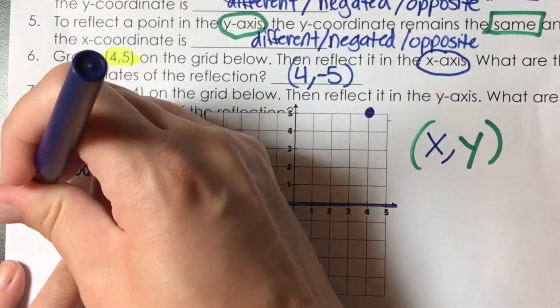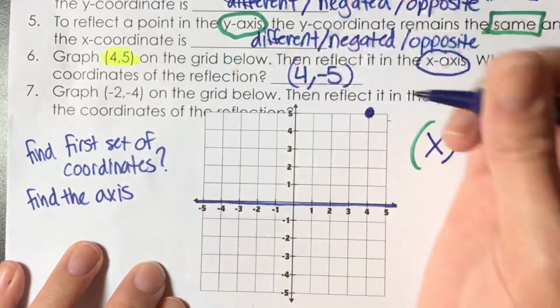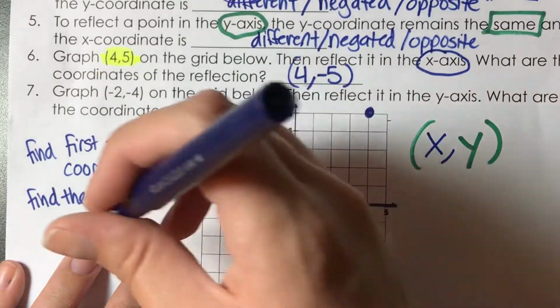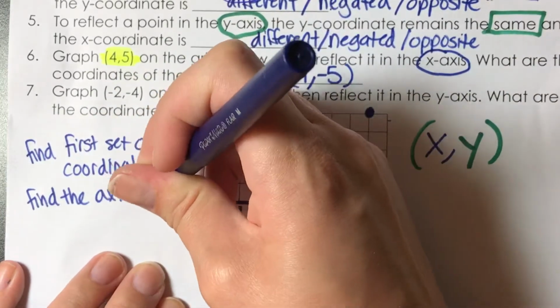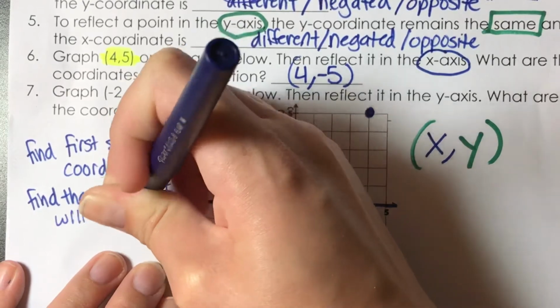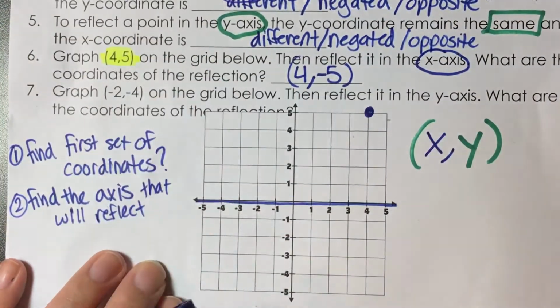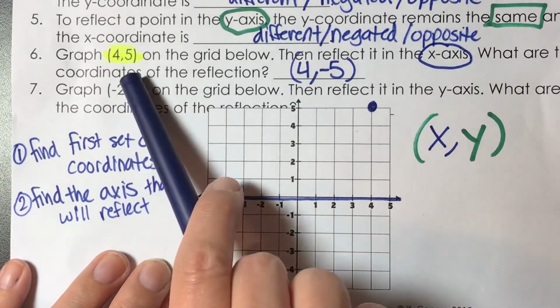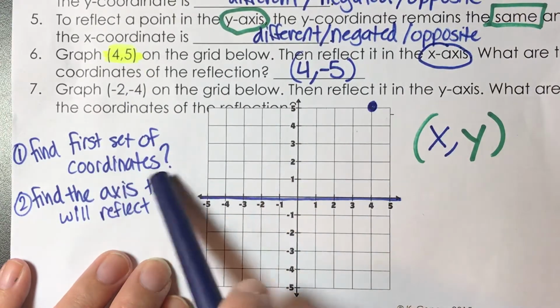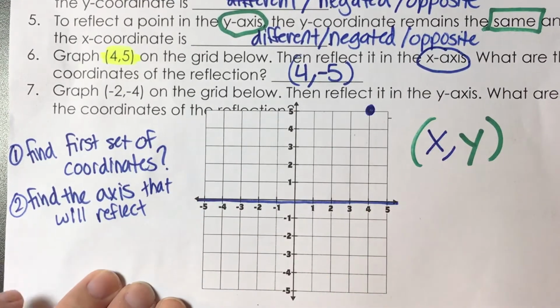Then find the axis that will reflect. So first find the set of coordinates. Did that. Find the axis it will reflect. It was the x-axis. Did that.